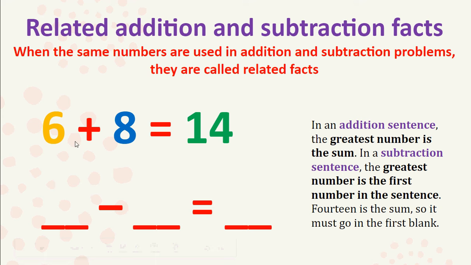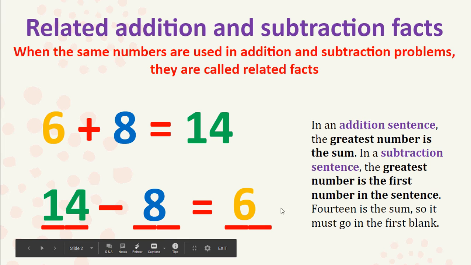These are called the addends. For a subtraction sentence, I have to start with the sum. 14 minus 8 equals 6. There's no way that we could have an 8 or a 6 here in order for 14 to work. We can't have a smaller number to subtract from.